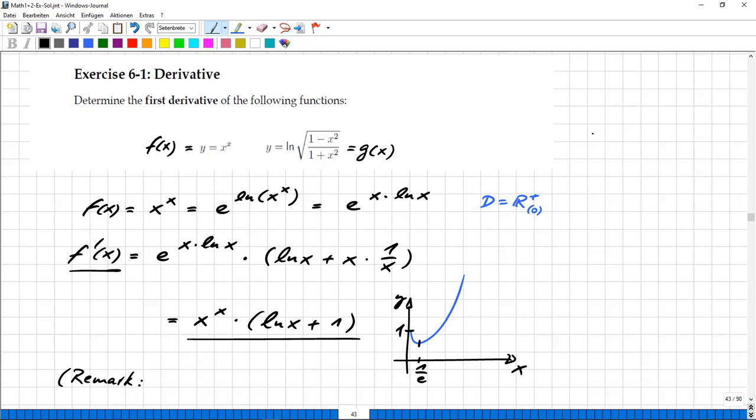If I say e to the power of ln of 2, roughly speaking, what remains is simply 2. On the other hand, if I have an equation e to the power of x equals 2, to find x, I would have to apply the natural logarithm to this expression, which gives me the exponent. So x would be equal to ln of 2.